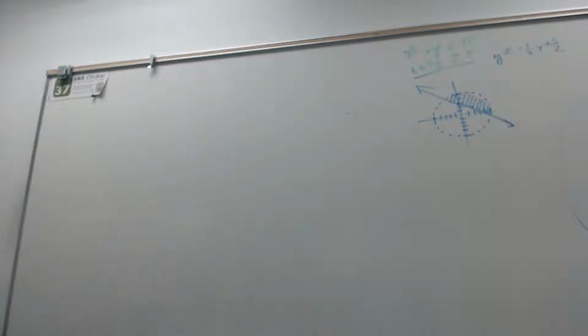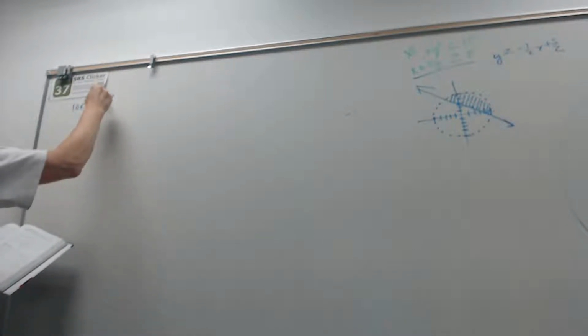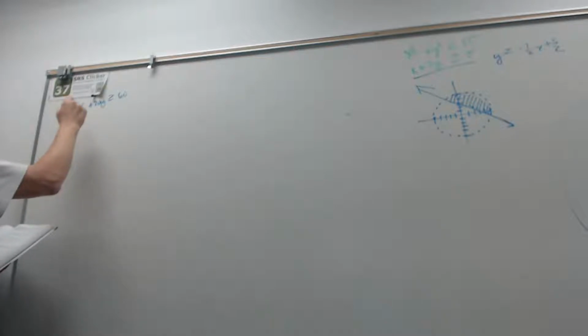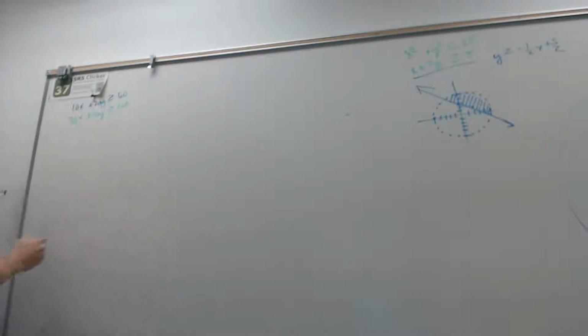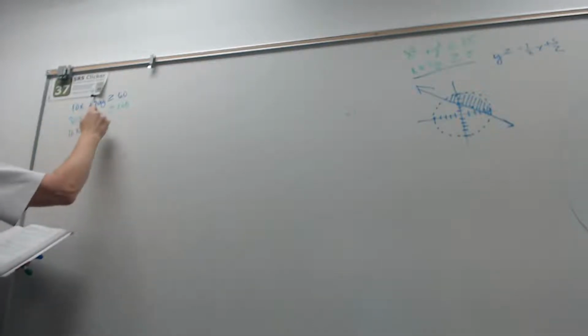All right, so here we go. $10x + 20y \geq 60$. $30x + 20y \geq 100$. $10x + 40y \geq 80$.